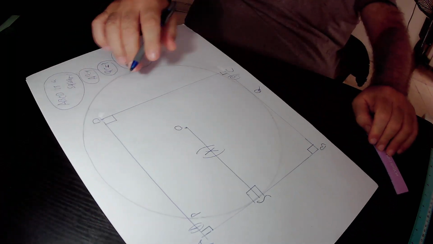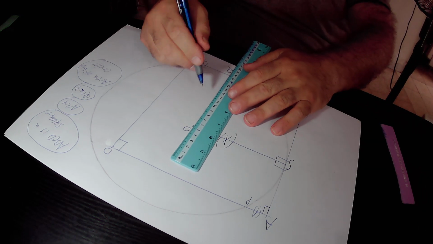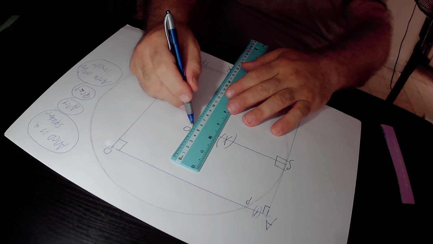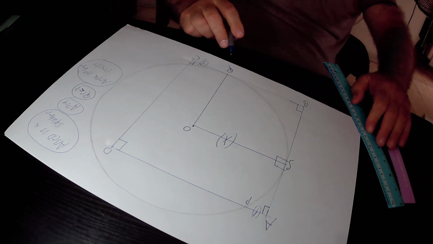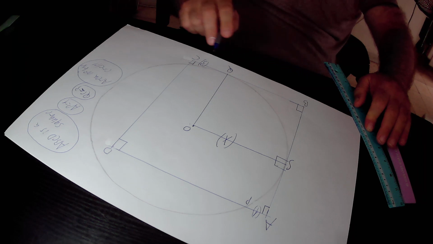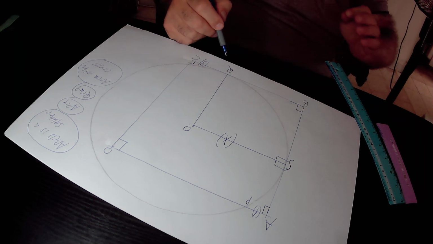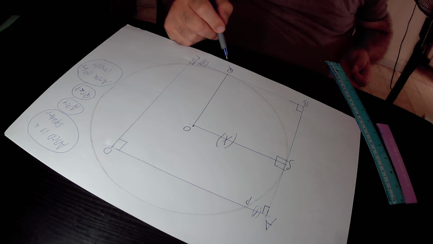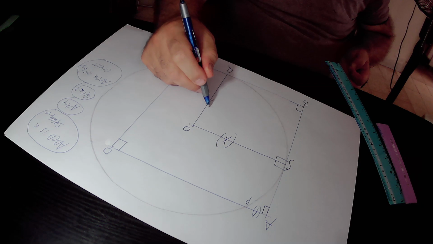Likewise, we'll join points O and Q together by a straight line. Point Q is the point of tangency of tangent BC with this circle. So OQ is the radius of this circle, that is equal to x according to our definition.